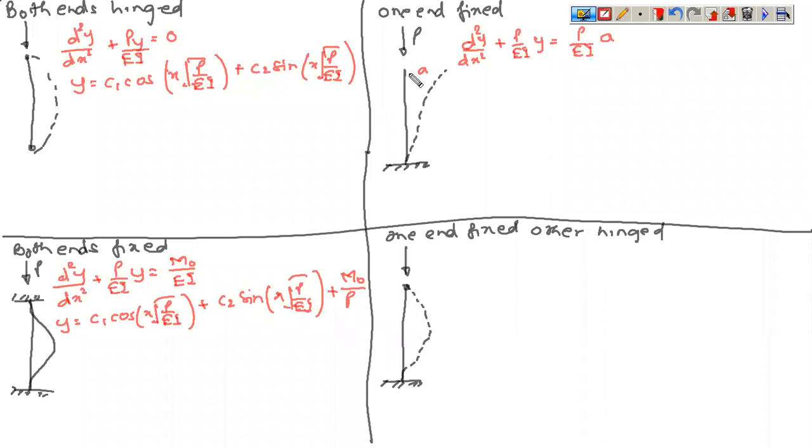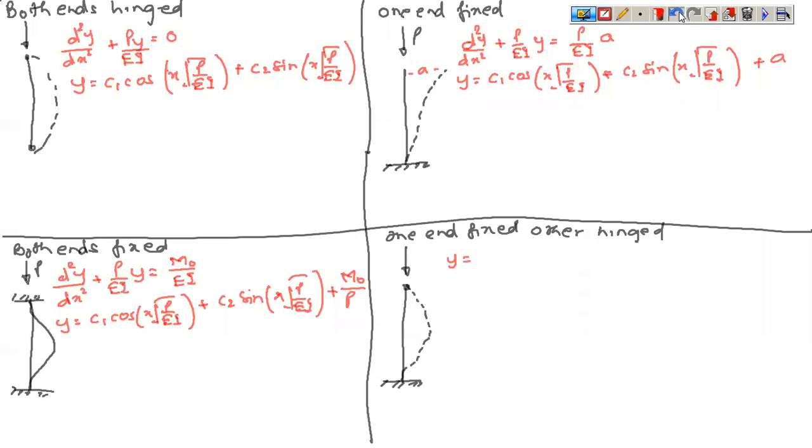And this quantity was quantified as a. The solution was y is equal to c1 cos x under root P by EI plus c2 sin x under root P by EI plus a.